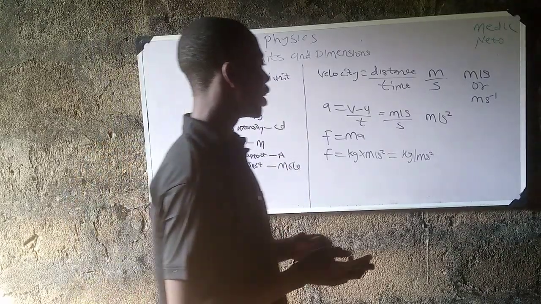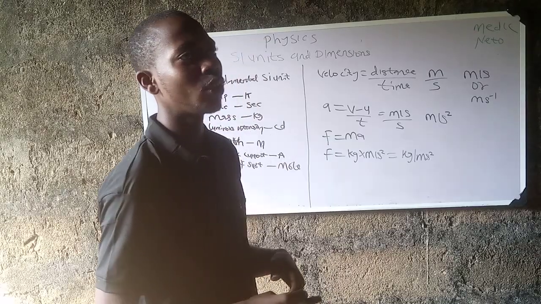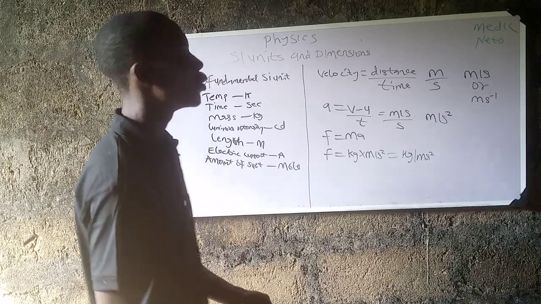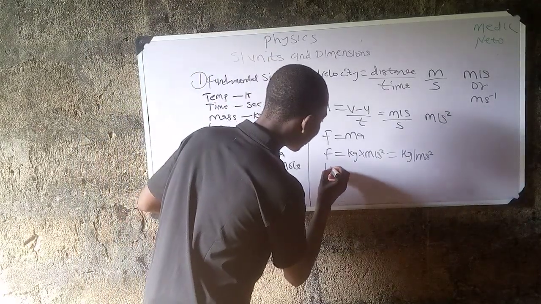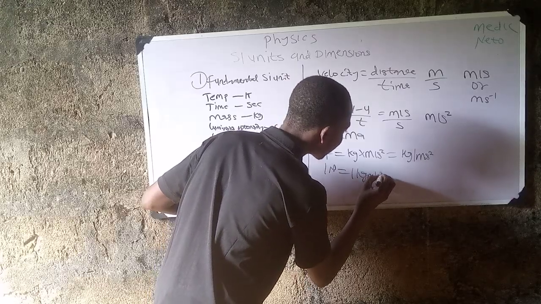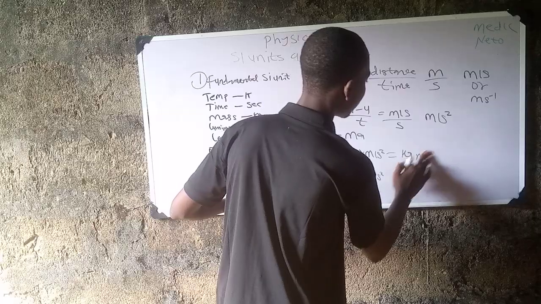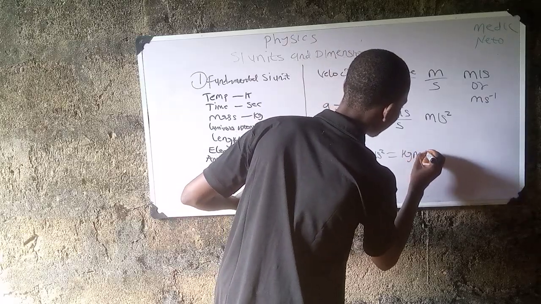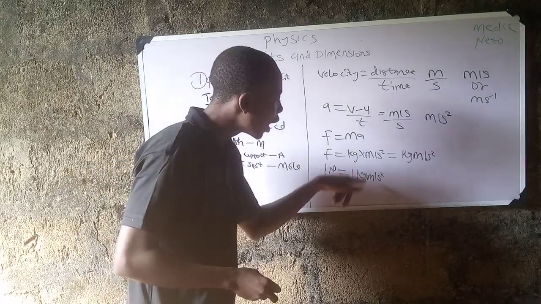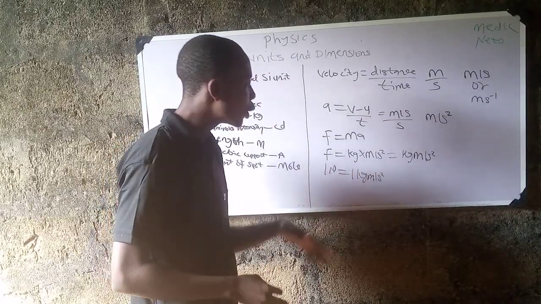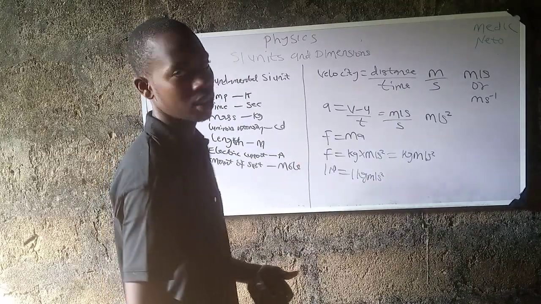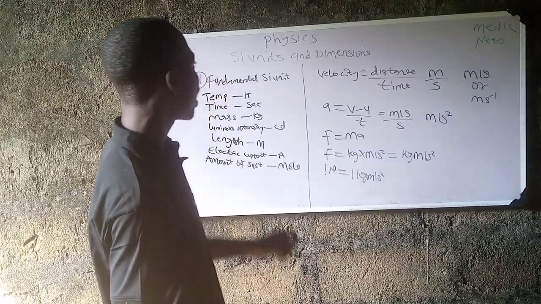They say that the SI unit of force is Newton, but why am I writing this? That's the only thing that is to confuse us. You know, 1 Newton equals 1 kilogram meter per second square. This Newton is just a special name they gave to the SI unit of force. It's still the same thing. Understood? So this is all about SI units.